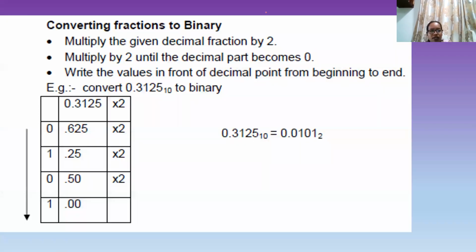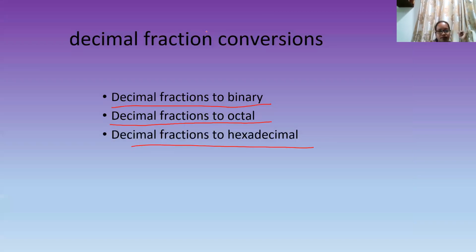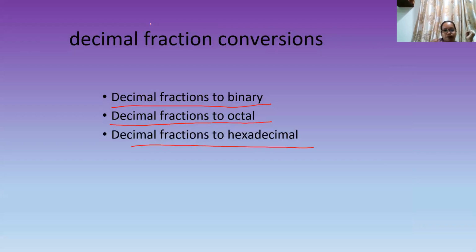In the slide, I have given converting decimal fractions into binary. Let me take an example, say 34.3125. This is the decimal number you have been given, and you have to convert this one into binary.